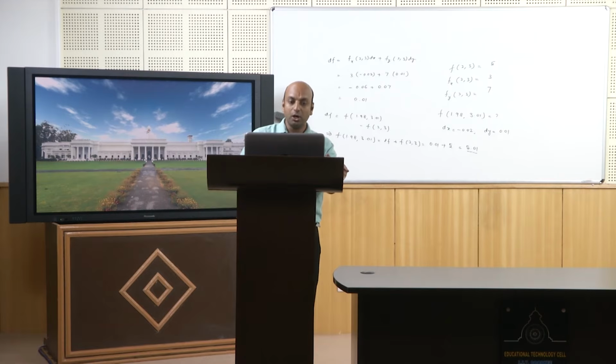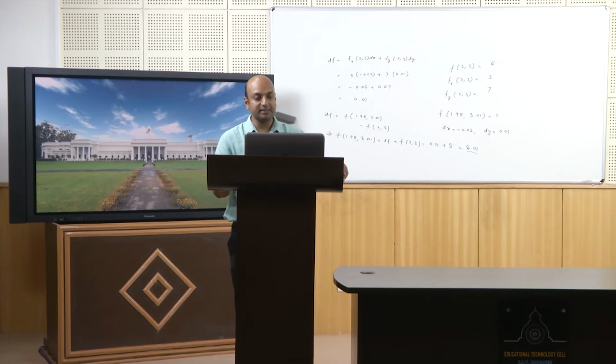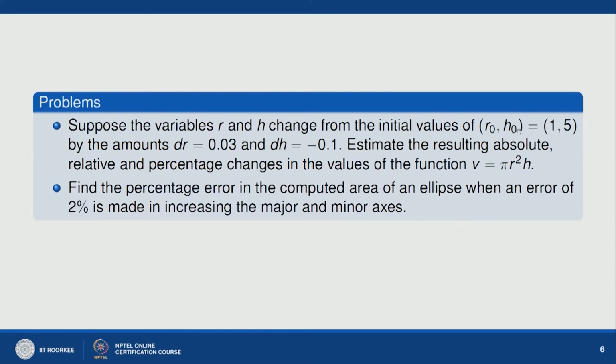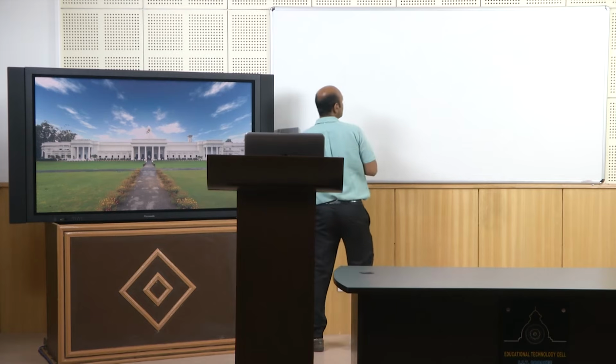So, how can we solve some problems based on this? Let us see. Suppose the variables r and h change from the initial values r naught, h naught, which is (1, 5), by the amounts dr equal to 0.03 and dh equal to minus 0.1. Then estimate the resulting absolute, relative and percentage changes in the value of the function V equal to pi r square h.